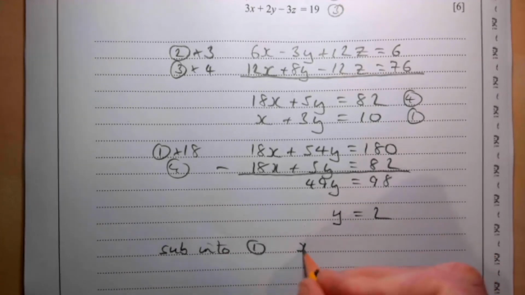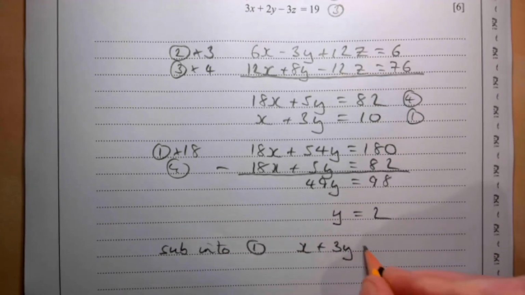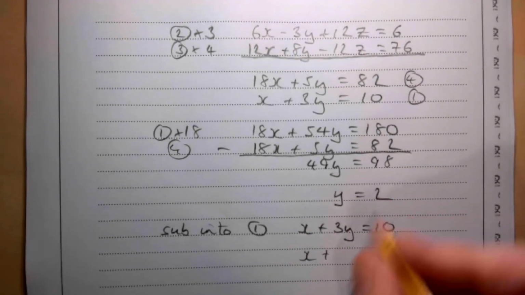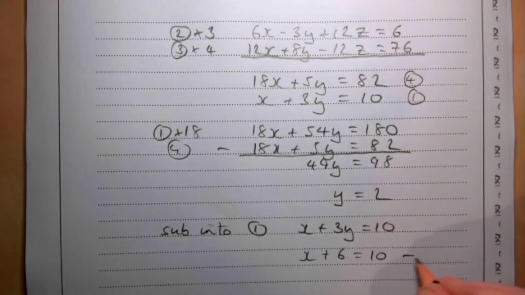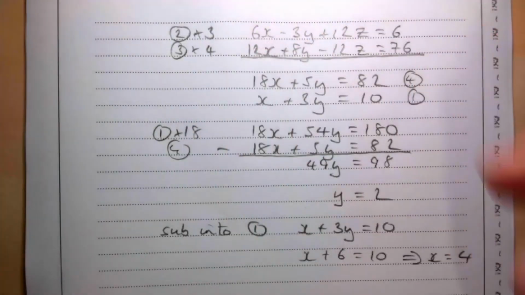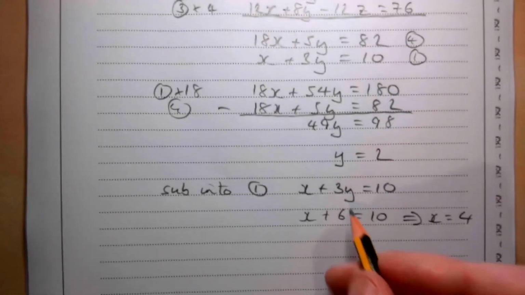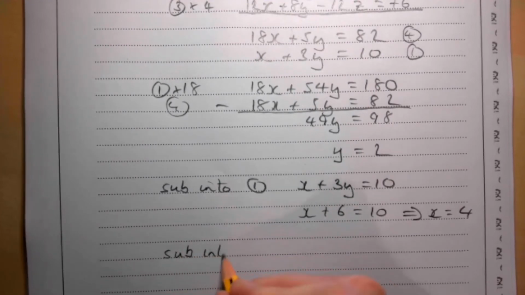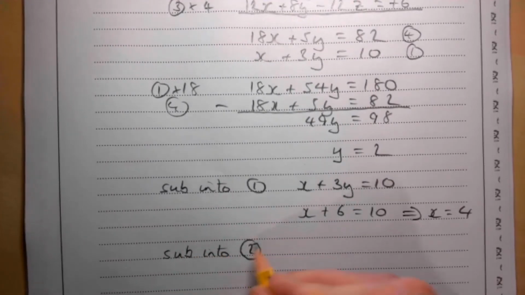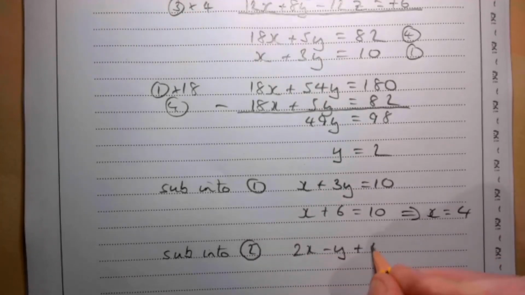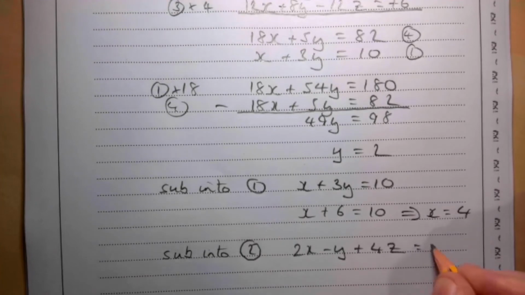equation 1 is obviously x plus 3y equals 10. So that gives me x plus 3 times the 2, 6, is 10, and not too much to work out there, but x then in this case is going to be 4, and then substitute it into one of the other ones then to get z, so into number 2. 2x minus y plus 4z is 2.